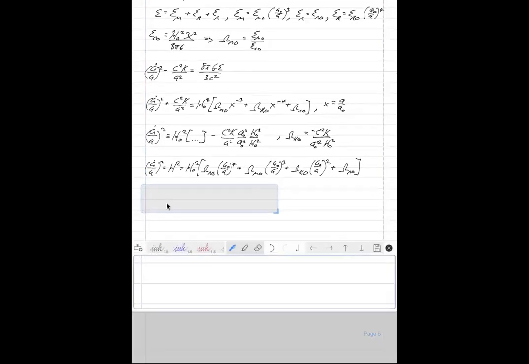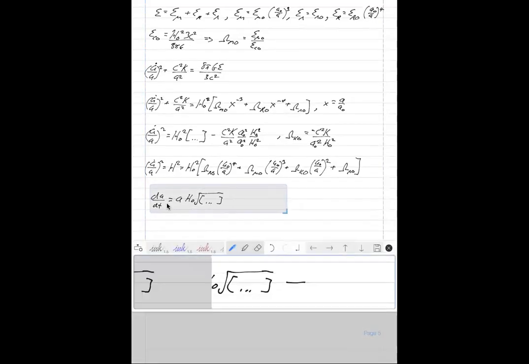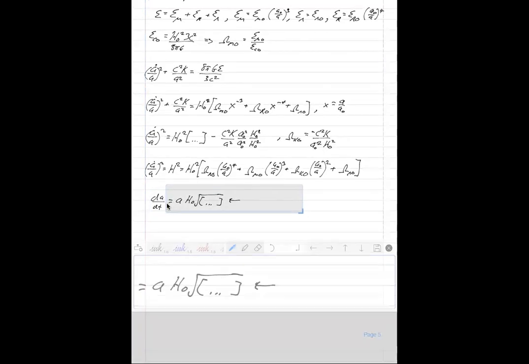So we're going to end up with an equation which is da/dt is equal to a H naught times the square root of the stuff in the bracket. And one would need to find a solution to that. There are a few cases in which the solution to this equation is analytic, but most of the time you need a numerical solution.